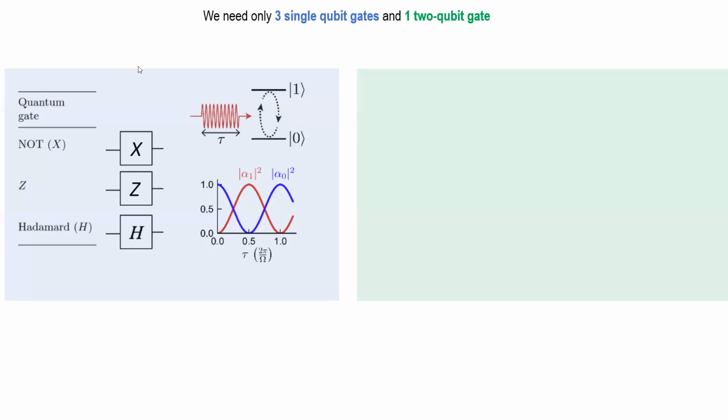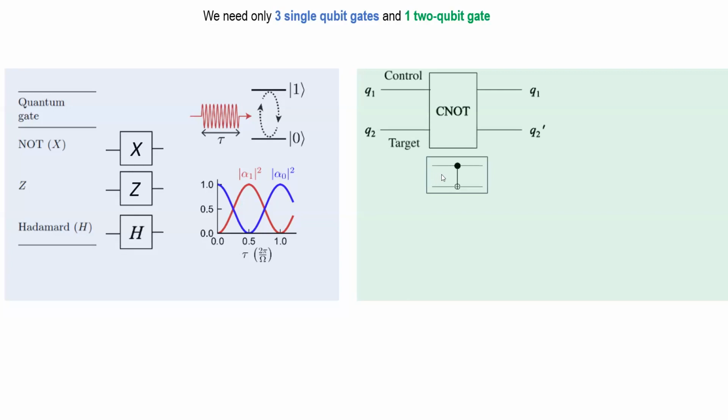So a one-qubit gate is realized through the application of one pulse with a controlled duration. If this pulse is a pi pulse, then we get the X gate, right? If we apply a pulse with duration pi over 2, we get the Hadamard gate, etc. How can we achieve the two-qubit gate operation?